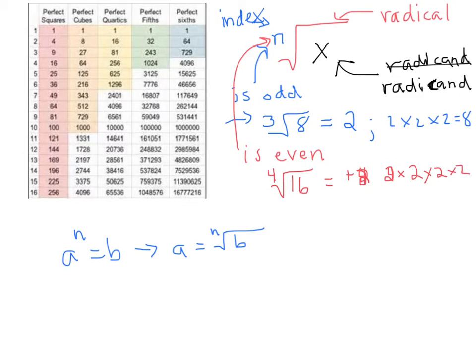The opposite of that root would be negative 2, because negative 2 times negative 2 times negative 2 times negative 2 equals 16. So there are your two possible answers, plus or minus 2, when the index is even, an even nth root.